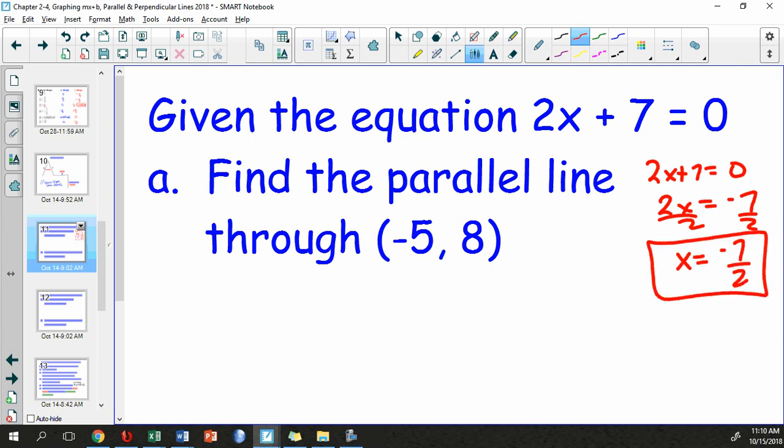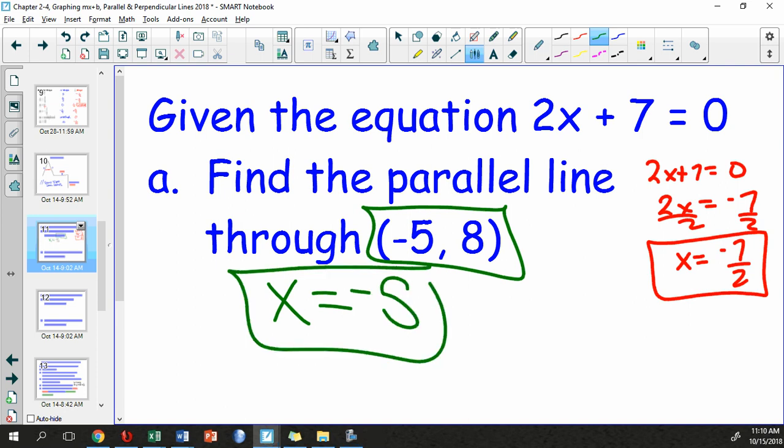What's parallel? What did I tell you to remember? Parallel is the same letter. So I want the same letter as I have in that equation. So I need x equals. Well, what does x equal in this ordered pair?